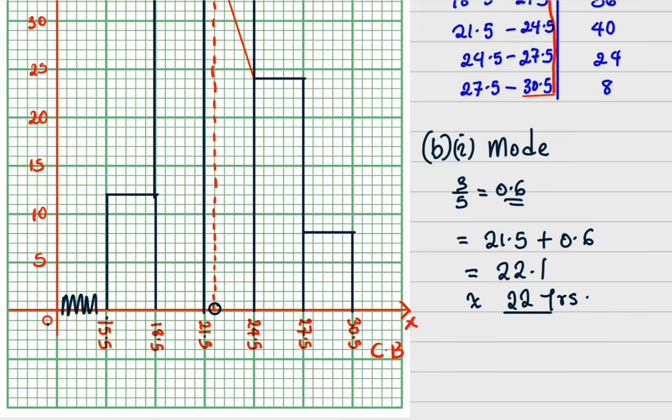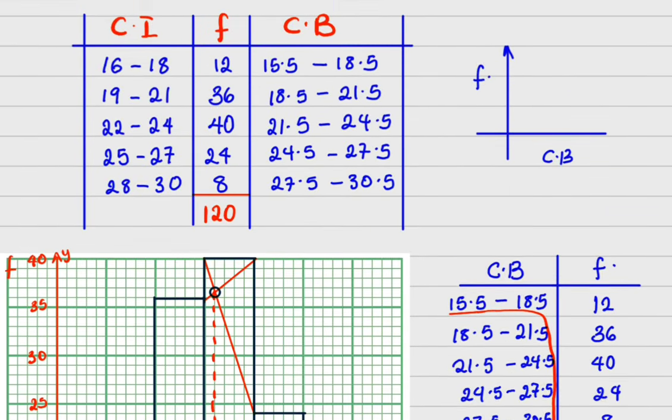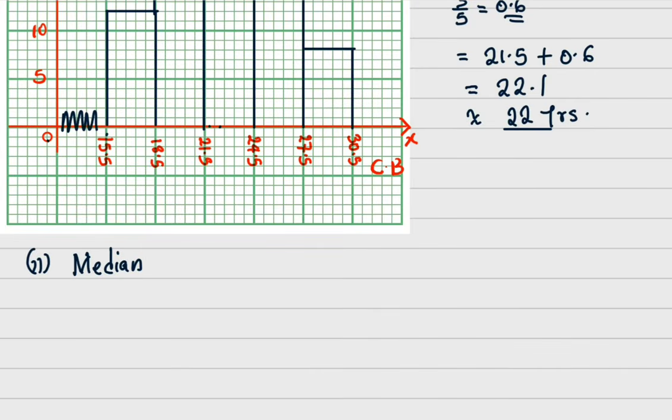Then let's go quickly to see how we can now find the median. Of course, we know that the median is the middle number when a particular distribution is arranged either in ascending or descending order.